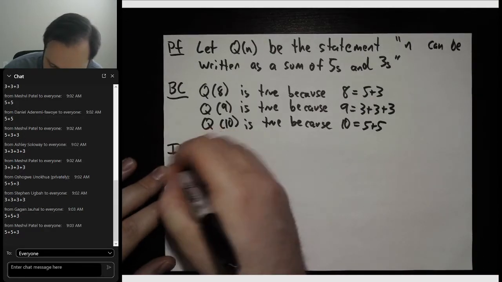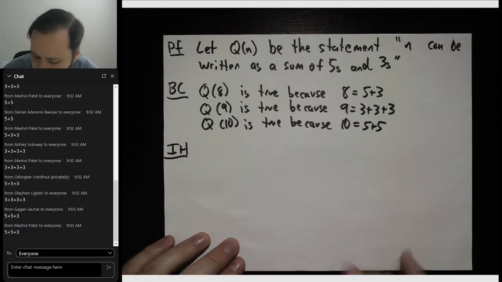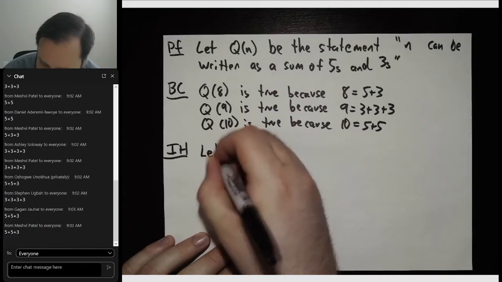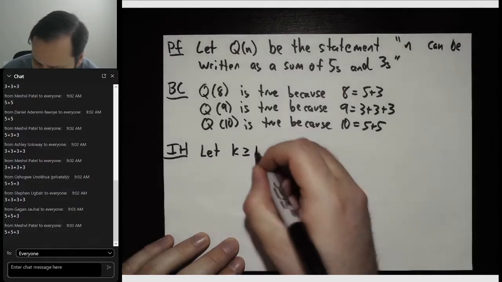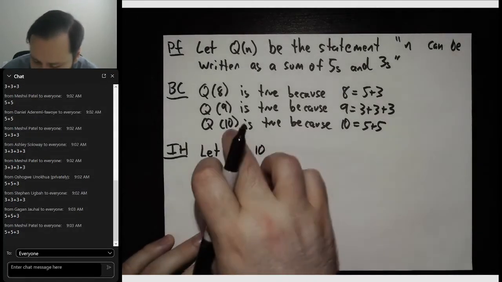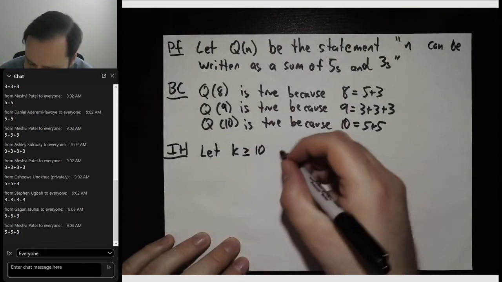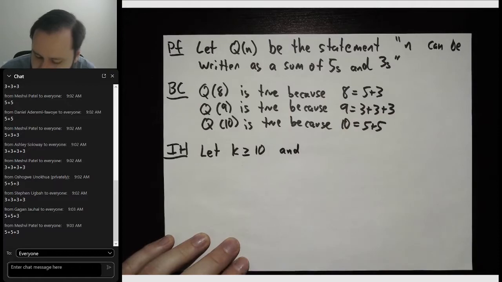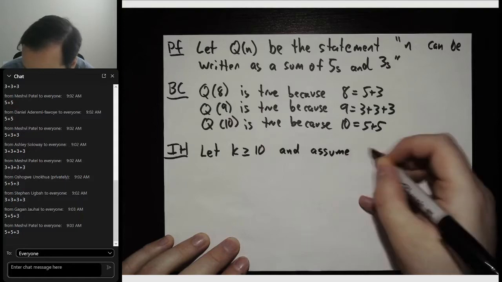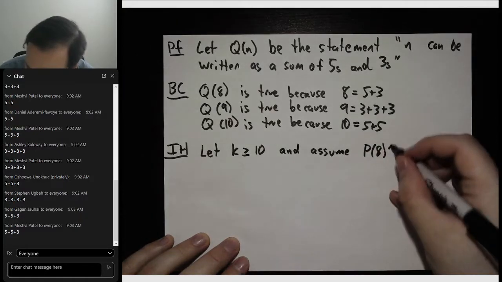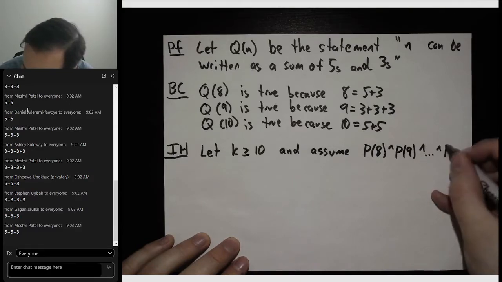So now our induction hypothesis is going to look a little bit different. We want k to be greater than or equal to 10. 10 is our last base case, so that's where we start our induction hypothesis. And we're going to assume not just P of k, but we're going to assume P of 8 and P of 9 and all the way up to P of k.